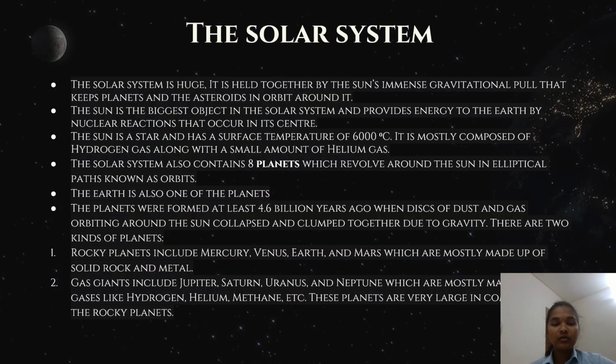First, we will start from the solar system. We know the solar system contains 8 planets like Mercury, Venus, Earth, Mars, Jupiter, Saturn, Uranus, Neptune in specific order, in which the Sun is the center of the solar system, which holds all the planets together by using immense gravitational pull of attraction.